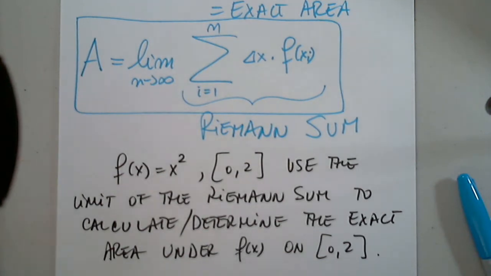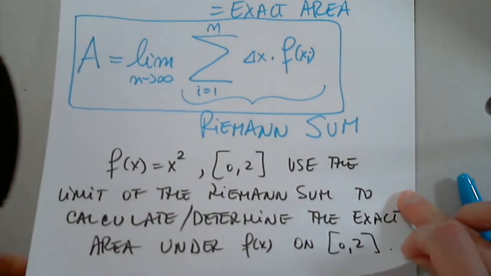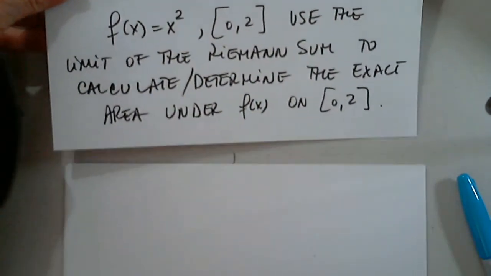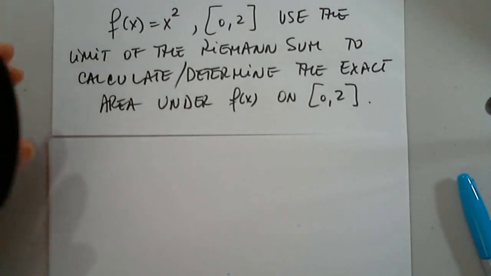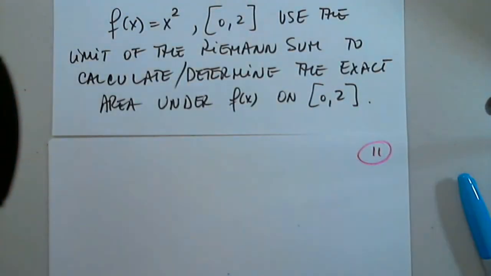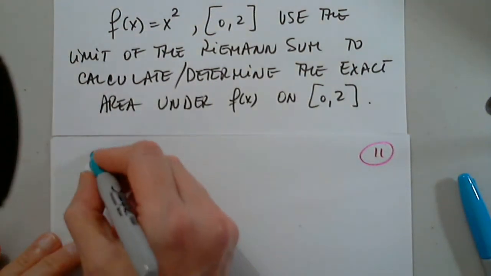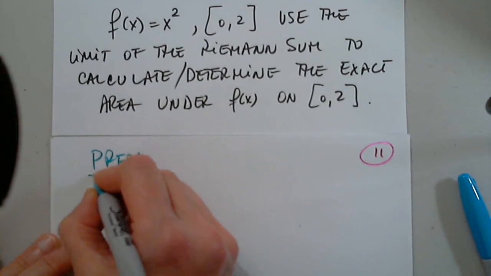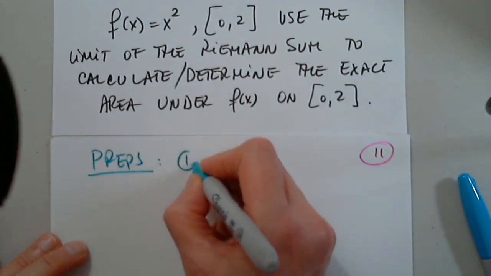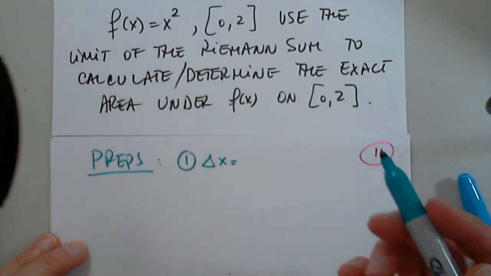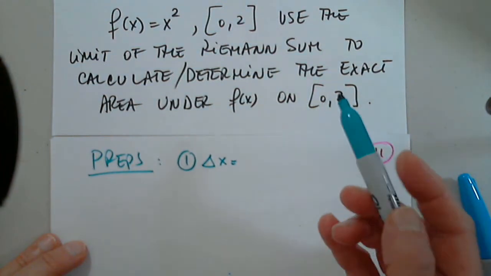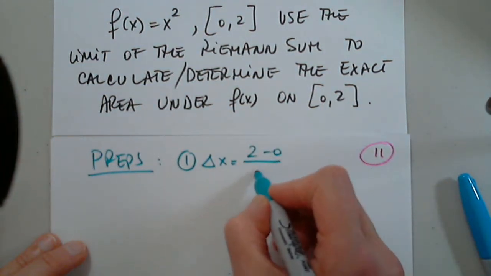For something like this, we have 3 preps. We have to start with the preps first. Okay, so here's the first prep. Mandatory preps. Number 1, delta x, no big deal. 2 minus 0 over n.